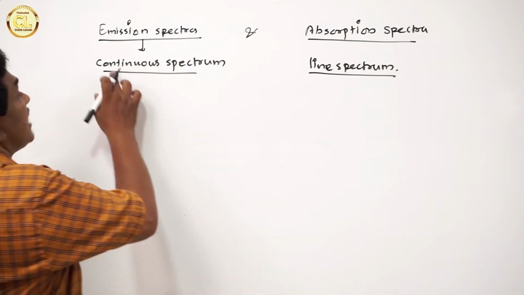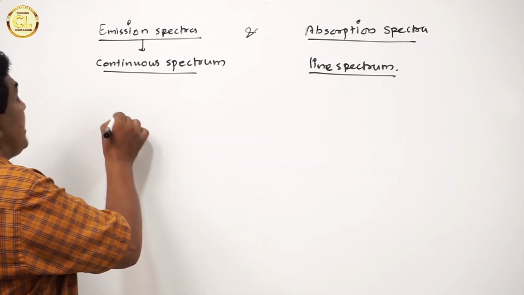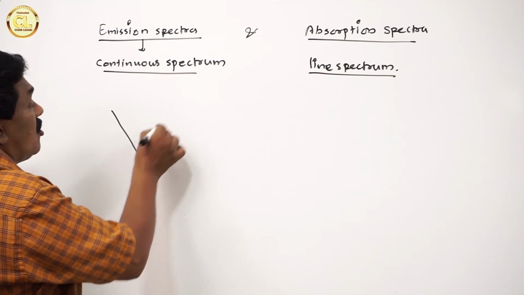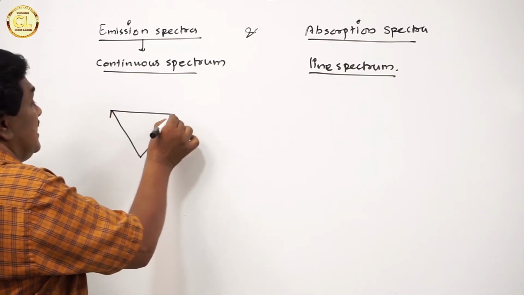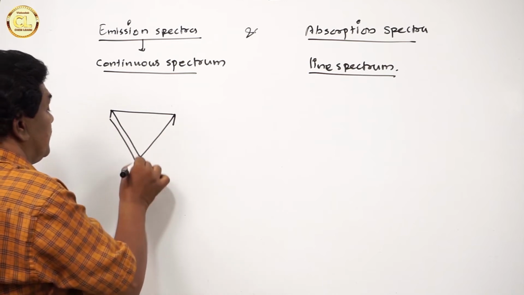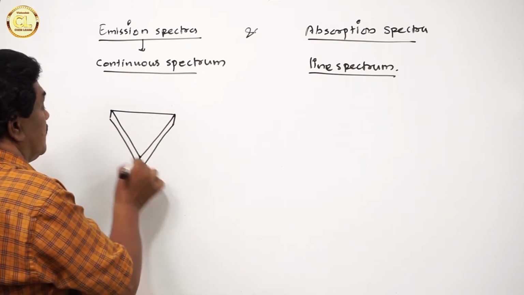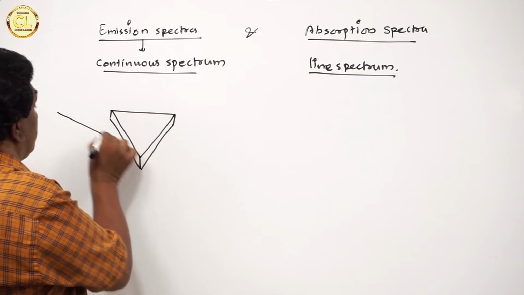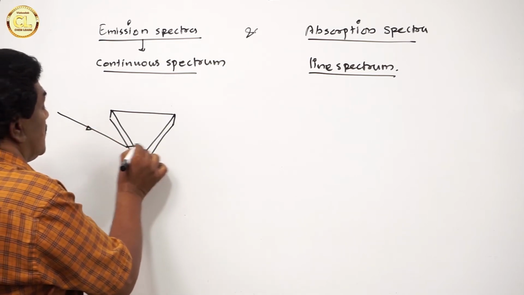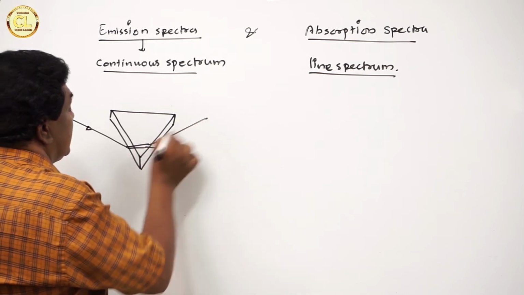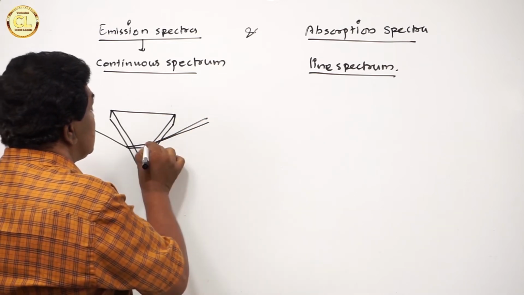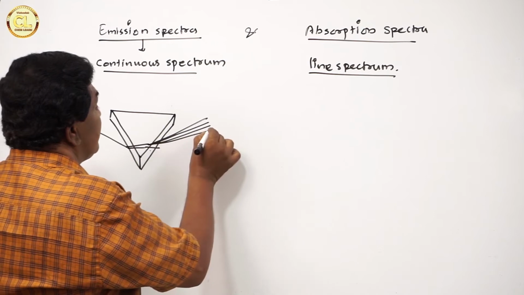Now we are going to explain continuous spectrum. When white light is allowed to fall on a prism in a spectroscope, it gets dispersed into 7 colors.